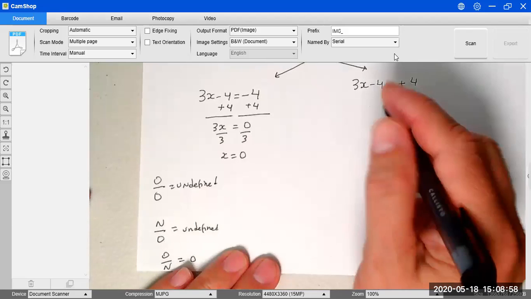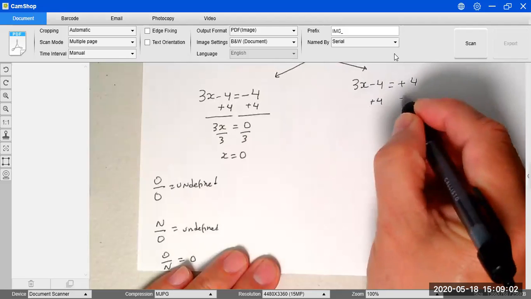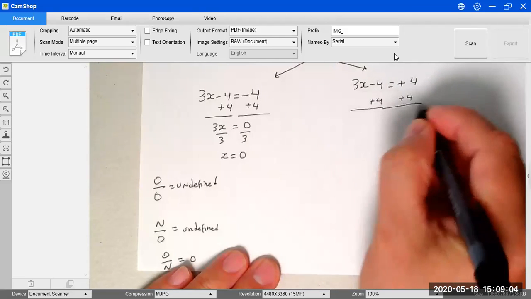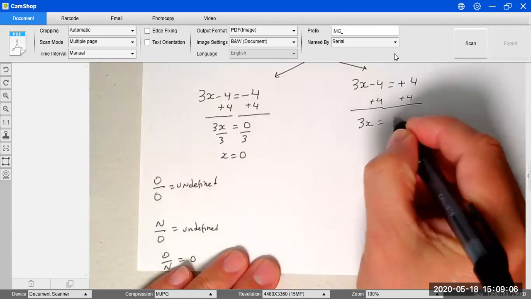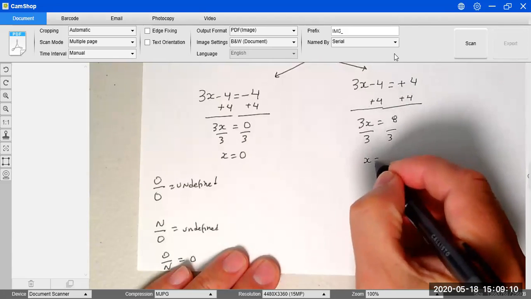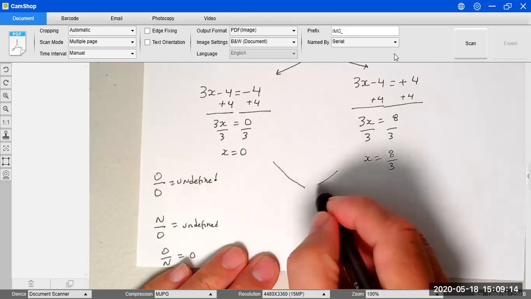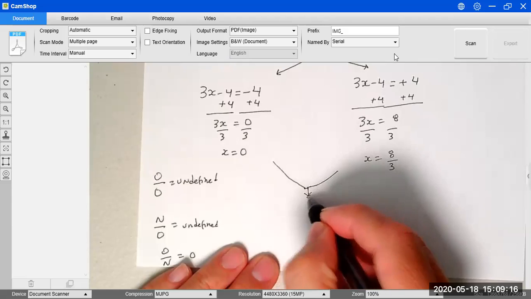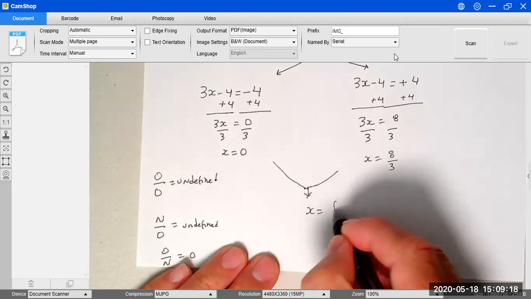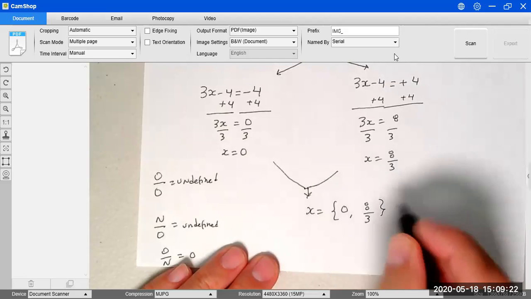On the other hand, here we're going to add 4 to both sides of the equation. So we're going to get 3x equals 8. We divide by 3, so we get x equals 8 over 3. So we have these two solutions: x equals 0, 8 over 3.